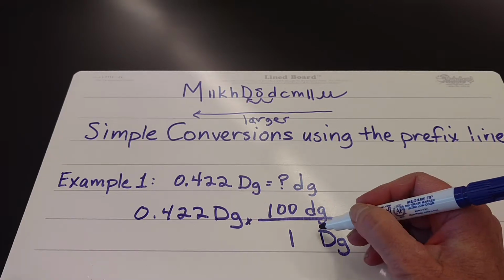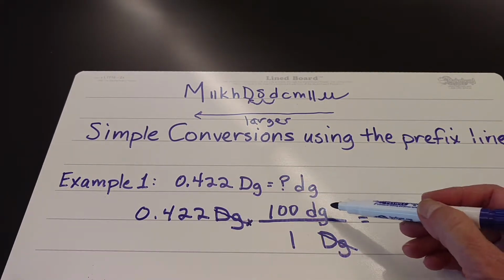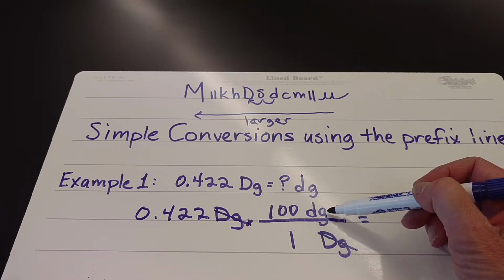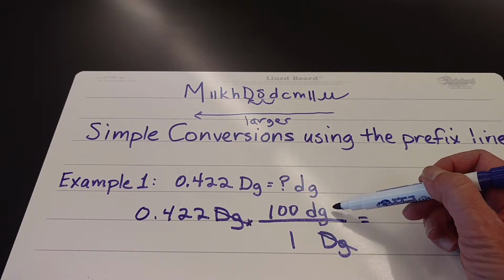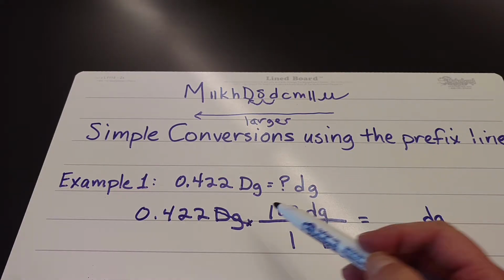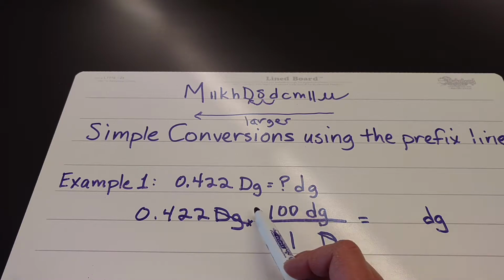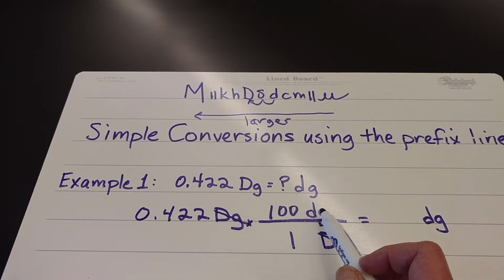Next, we're going to cancel the units just to make sure that we've gotten into the correct units. We're searching for decigrams. And we can see that when we cancel decagrams, we are now in decigrams. So we'll put the units that we've solved for. The last thing we want to do is numerically calculate. So we're going to take 0.422 and multiply times any value that's on the top and divide by any value that's on the bottom.